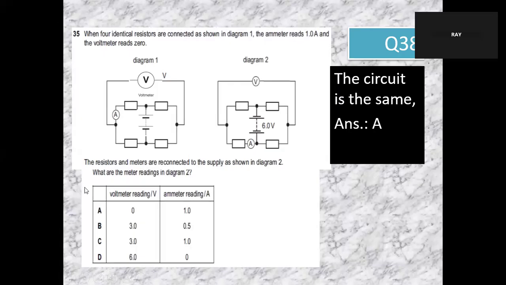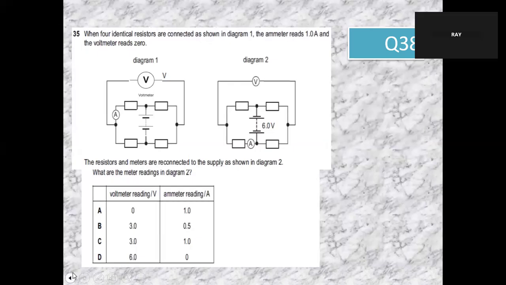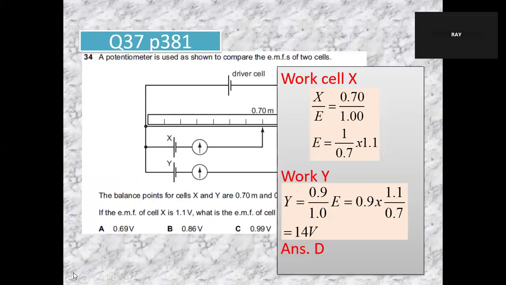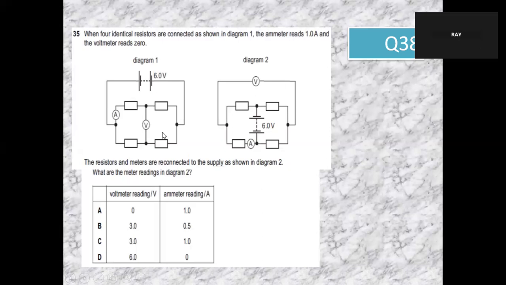Why is the voltmeter reading the same? Let's see our original diagram. Original diagram tells you that this is current, 1 ampere, and voltmeter reading is 0.